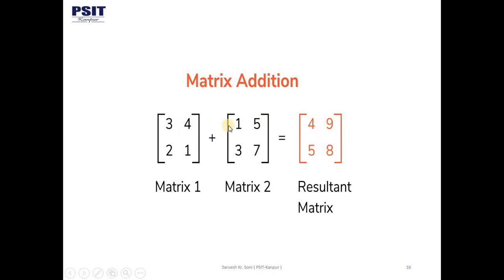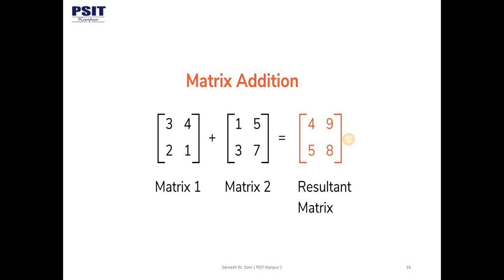So 3 plus 1, these are the corresponding elements, the 0 0th element of matrix 1 and the 0 0th element of matrix 2, will be added and stored in the 0 0th position of the resultant matrix, 4. Similarly 4 plus 5 will be 9 and stored in this place. So this is the basic idea of matrix addition.